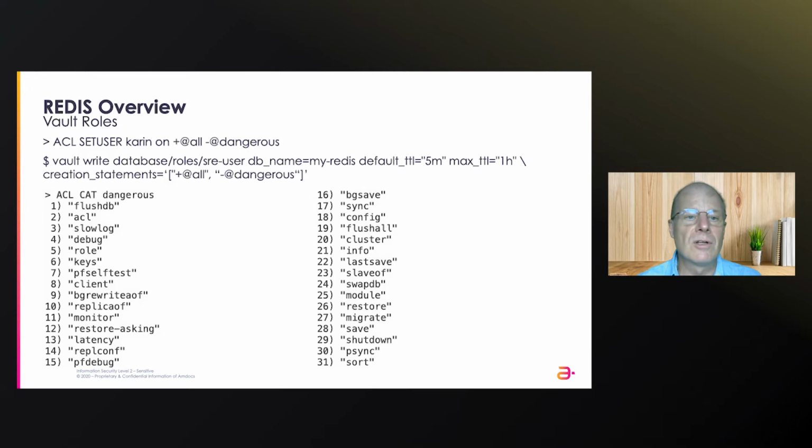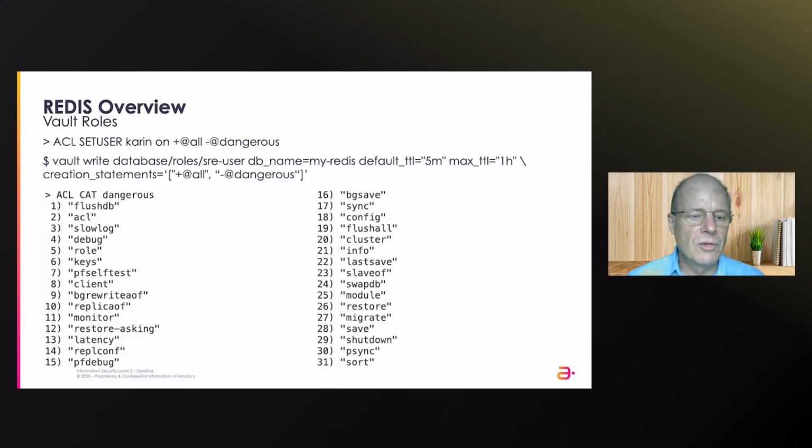The command is illustrated here, where we create the role, set the database name that we're applying it to, TTL max, and we use the existing creation statement with a vector of strings just to put the particular ACL categories or ACLs themselves in that we want to use.